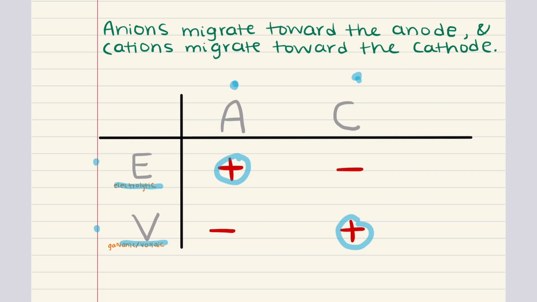This means that in an electrolytic cell, the anode is positive and the cathode is negative. In a voltaic or galvanic cell, the anode is negative and the cathode is positive. So the goal of this matrix is to help you properly assign charges to the electrodes depending on what kind of cell you're dealing with.